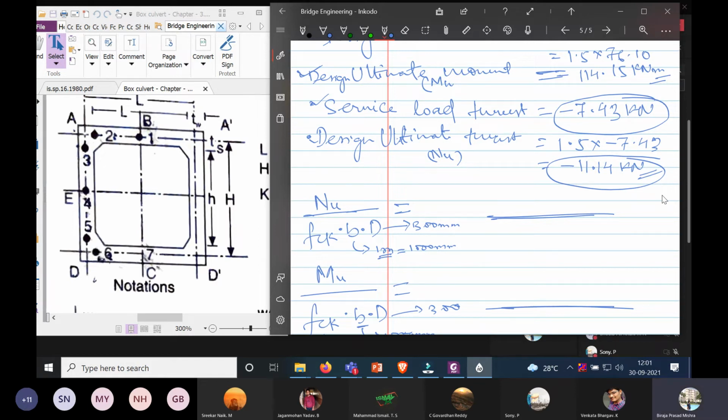What is the value of Nu by FCK into B into D? No response. Bhargav: Sir, minus 1.26 into 10 power 6. Are you sure, minus 6?